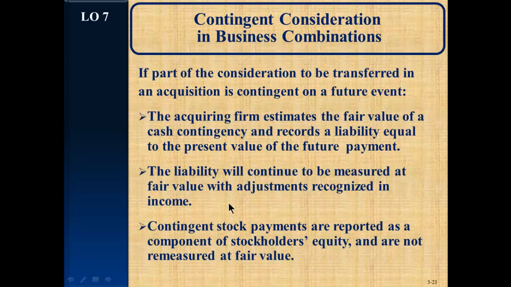Are you giving up stock? Are you giving up cash? What is it? And some of that piece you're giving up might be contingent. It's a liability. You're going to owe it, maybe. I mean, hope. And it depends on stuff happening. So that's what we're talking about there.